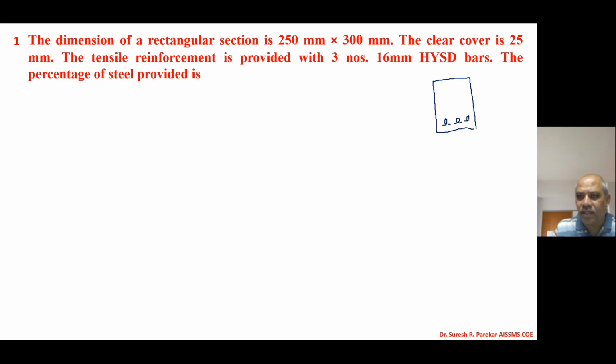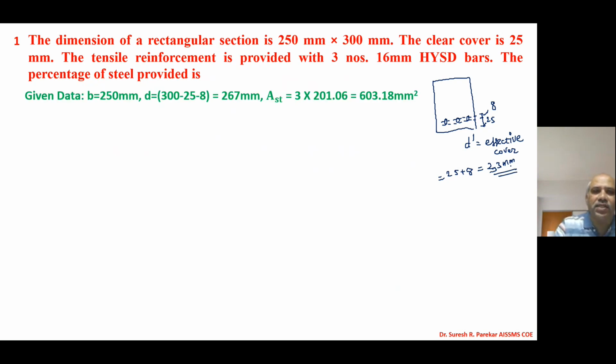Till the bottom we have 25, and D we always measure till the center of the bar, so half the diameter is 8. Therefore D dash, the effective cover, is 25 plus 8, which is 33 millimeters. 25 is the clear cover, 8 is half the diameter, and that will be 33 millimeters.